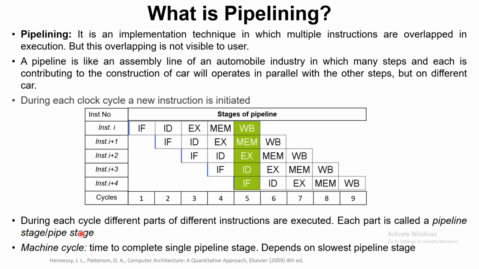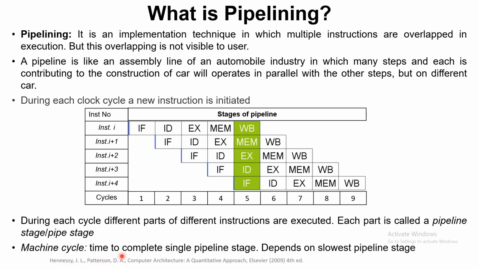During each cycle, the different parts of the different instructions are executing, and each execution part of this pipeline is called a pipeline stage or pipe stage. If a processor has 5-stage pipelining, it means it has 5 different stages, and if a processor has only 3 stages, then that processor can perform 3 different stages at one time.